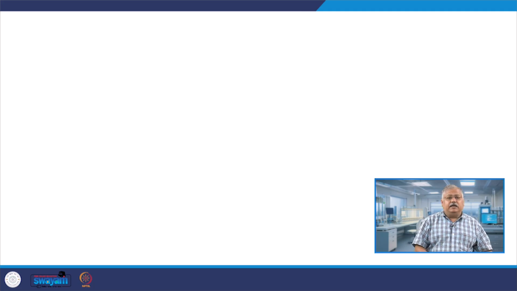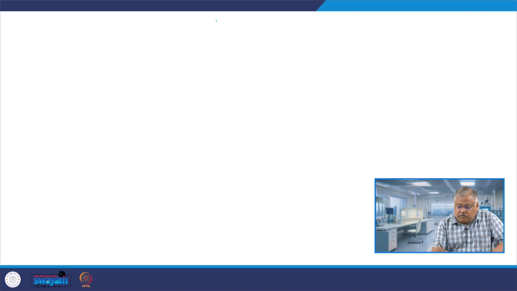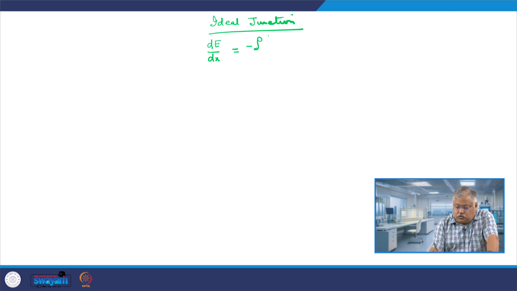Let me take up an ideal junction and show it to you, which means that I take up a p-n junction, and we see where the depletion edge is with respect to the electric field available within the device. So, if I take up an ideal junction, then we can write down in an ideal junction that dE/dx is equal to minus rho(x) by epsilon s, Gauss law.